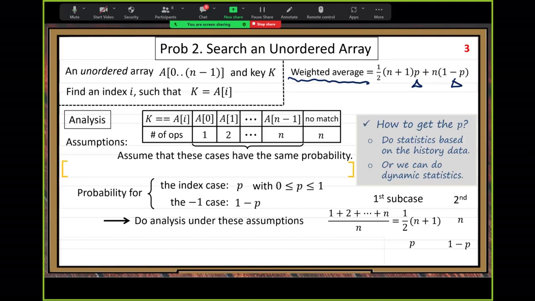The first average case number, 1/2 times n plus 1, for its contribution to the weighted average, we need to multiply its corresponding weight p. The contribution from the second average case n, we need to multiply its corresponding probability number 1 minus p. Then we add these two numbers together.